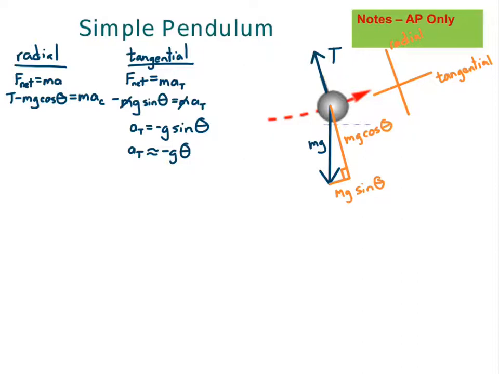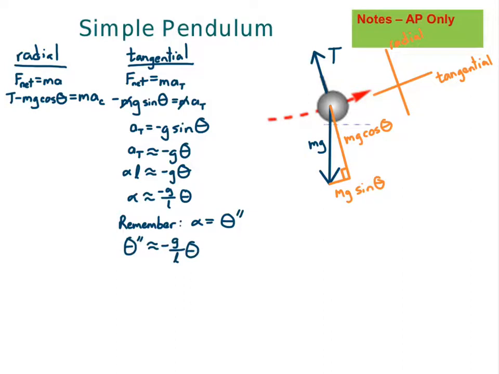And the radius of the circle in this pendulum case is the length of my string or my rod. So now I have alpha times L is approximately equal to negative g times theta. And from there, alpha is equal to negative g over L times theta. And that means theta double prime is approximately equal to negative g over L times theta.